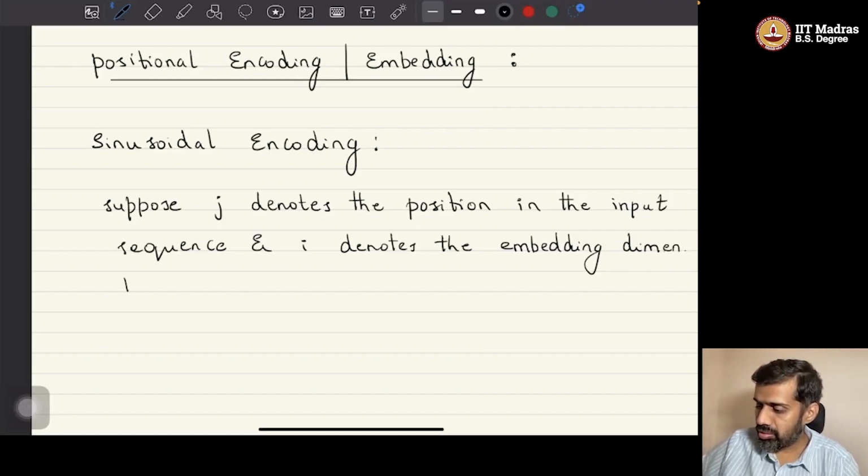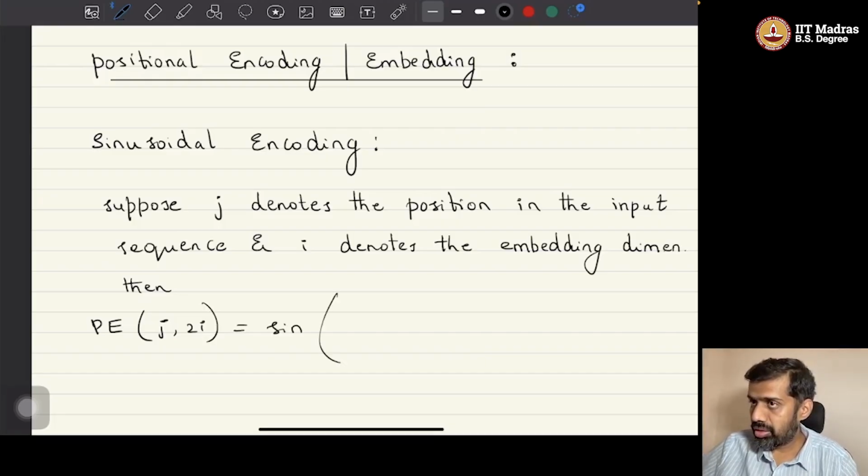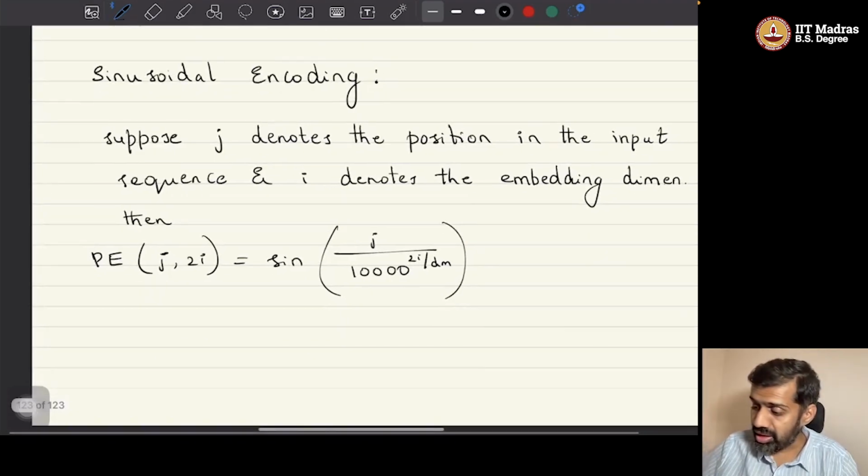Then the positional encoding or embedding defined at j comma 2i is given as sine of j divided by some large number, let's say 10,000 to the power of 2i divided by dm, where dm is the model dimension. This is for the even indices.